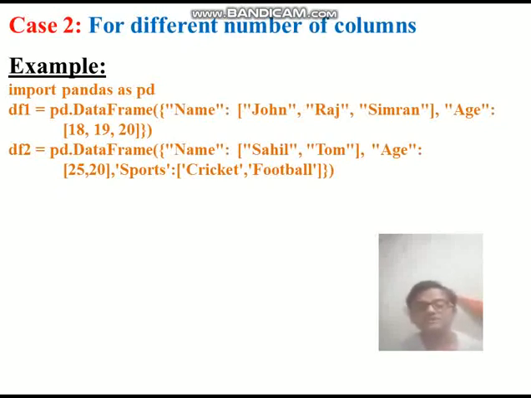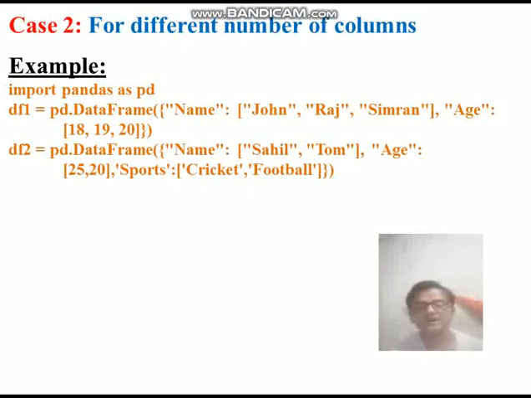So 2 keys are available in df1. In the second data frame, df2 equals pd.DataFrame with name, age and sports as keys, and values like Sahil and Tom in the name key, 25 and 20 in the age key, and cricket and football in the sports key.